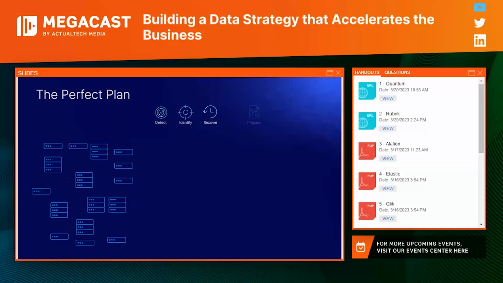But we all know that the best laid plans require constant practice, they require iteration in order to be successful, and that's why organizations out there also need the ability to proactively test these plans and prepare themselves for the worst so that they can mitigate the effects as much as possible.